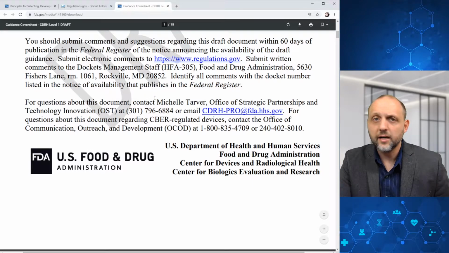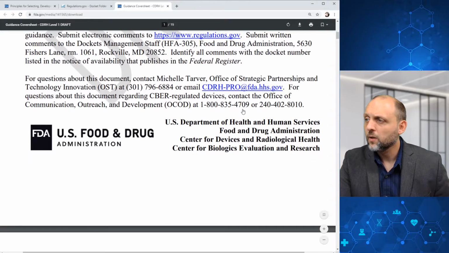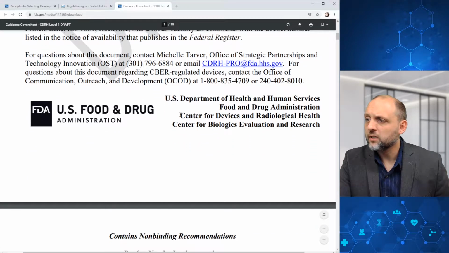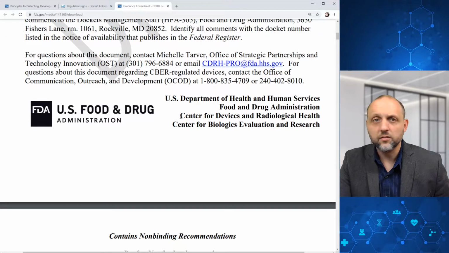For questions about the document, you can contact Michelle Tarver at the Office of Strategic Partnerships and Technology Innovation, or email cdrhpro at fda.hhs.gov, this email address here. And we can see that this is a joint guidance document for the Center for Devices and Radiological Health and the Center for Biologics Evaluation and Research.